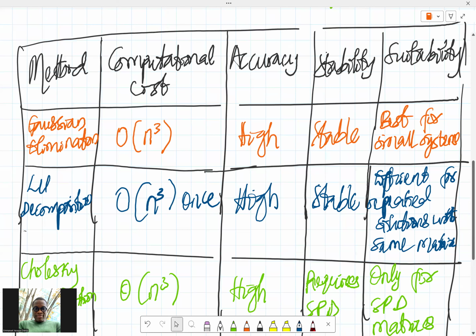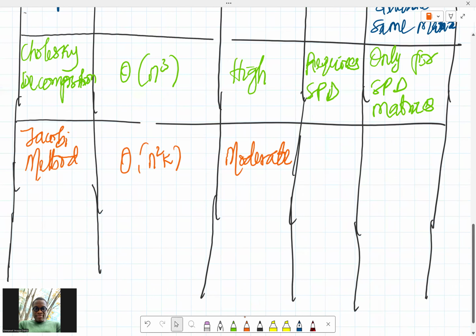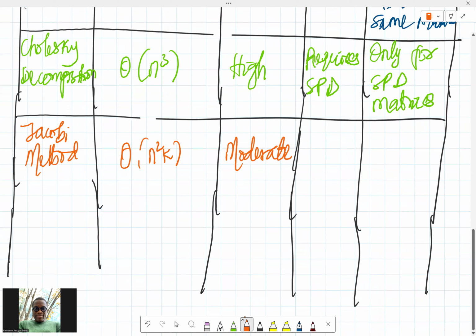It can actually be very slow. It is parallelizable, and suitable for diagonally dominant matrices.